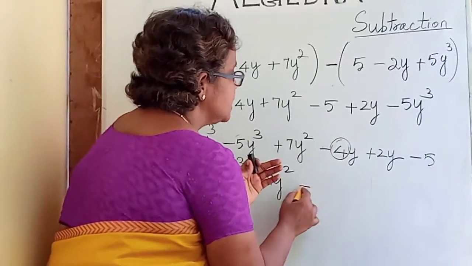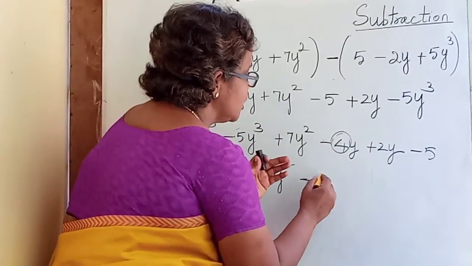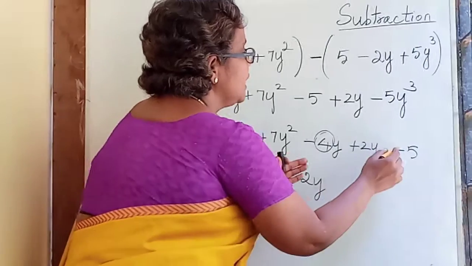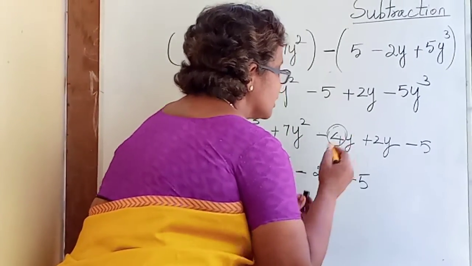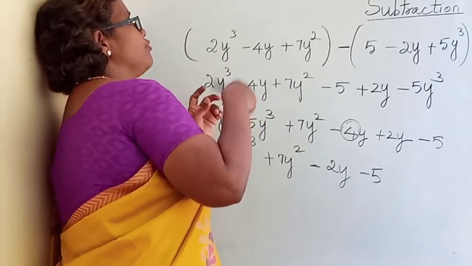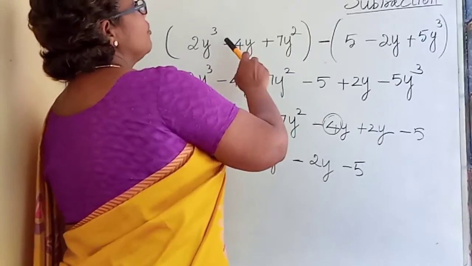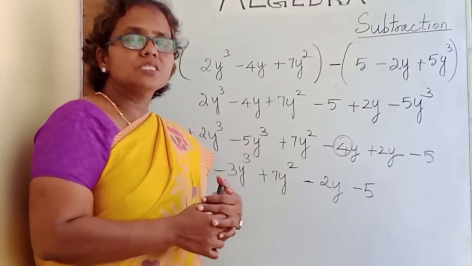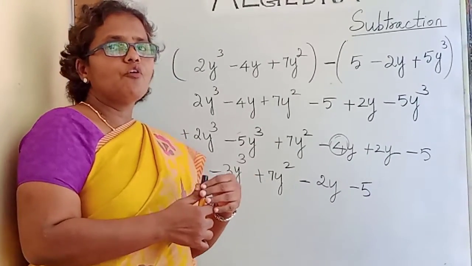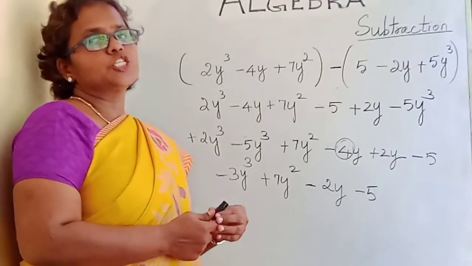So the sign is minus. So 4 and 2 clash together, you get minus 2y. And finally, you have only one constant, just write it down. This is the answer of performing a subtraction operation on two algebraic expressions. This is the second method of how you can perform a subtraction operation.